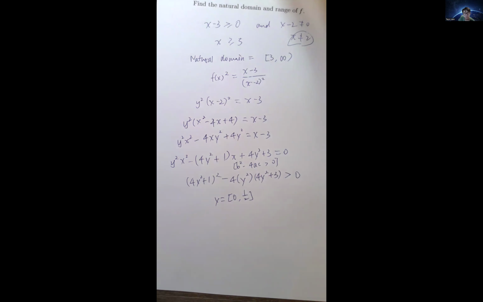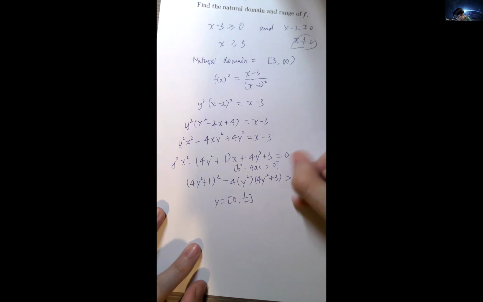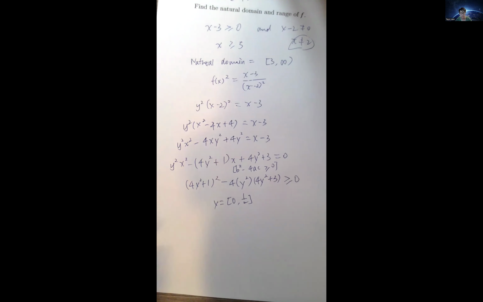Okay, so after solving this, this is larger than or equal to 0, sorry. So solving this, you have 0 to 1 over 2, which is inclusive of the range.